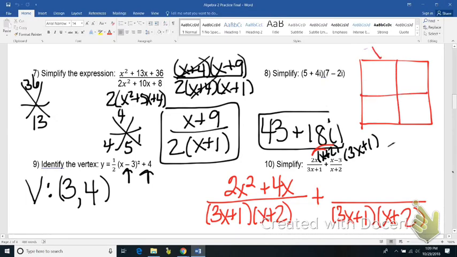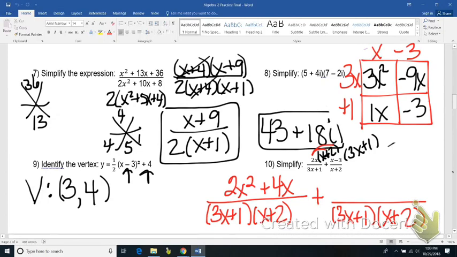So I would take x minus 3 and multiply by 3x plus 1. Okay, so take a look at that box. We have a 3x squared minus 9x plus 1x minus 3. So when you go to write this second numerator, just make sure you combine, let's see, negative 9 plus 1 is negative 8x.